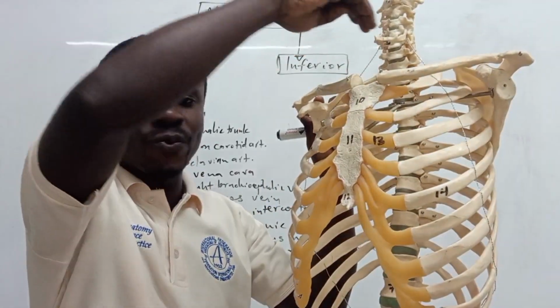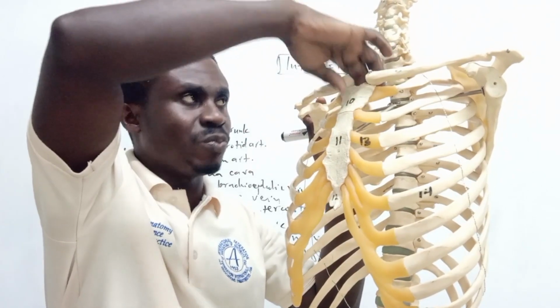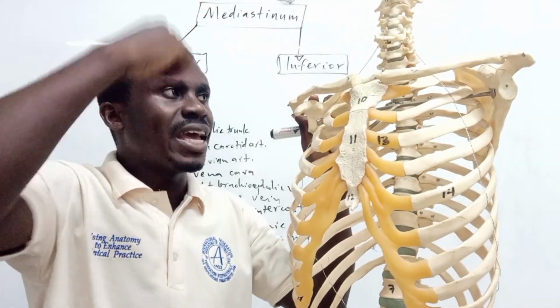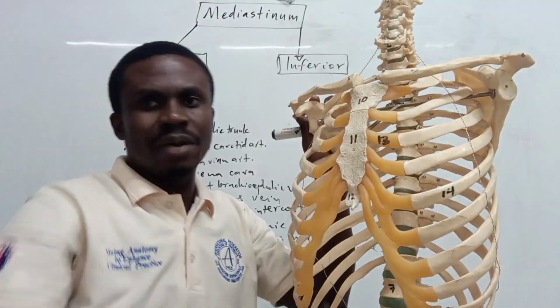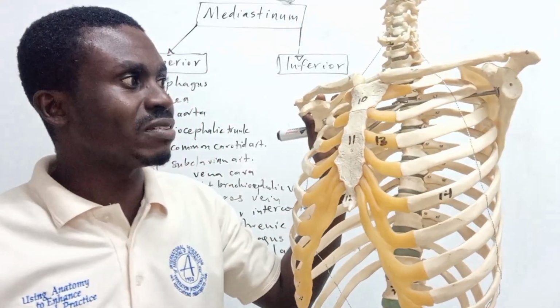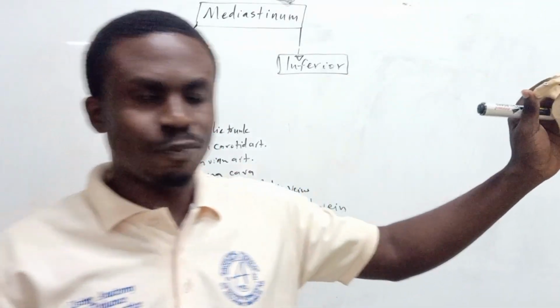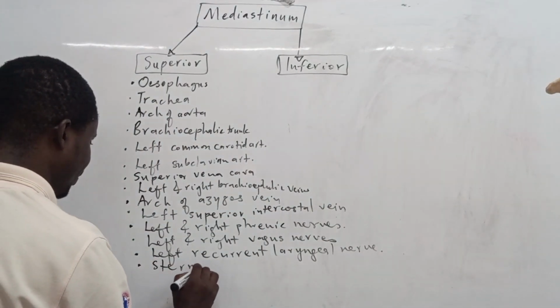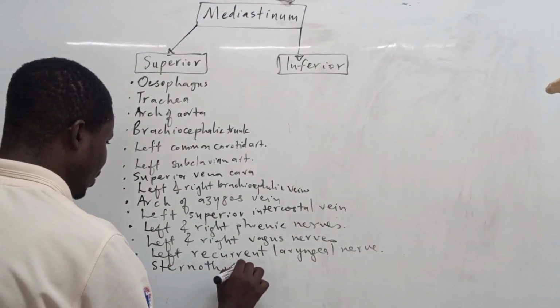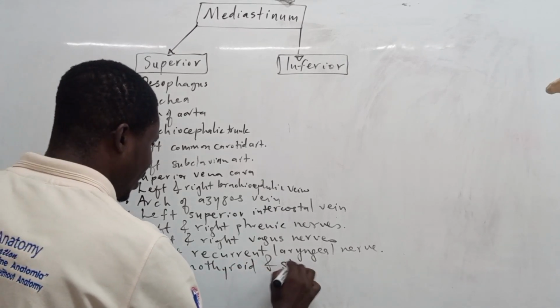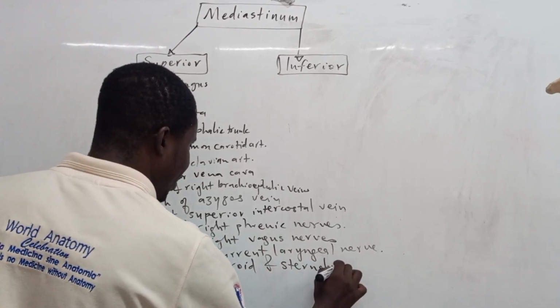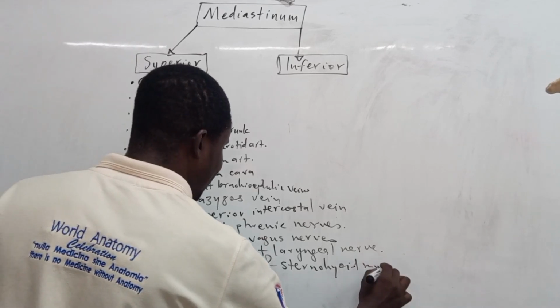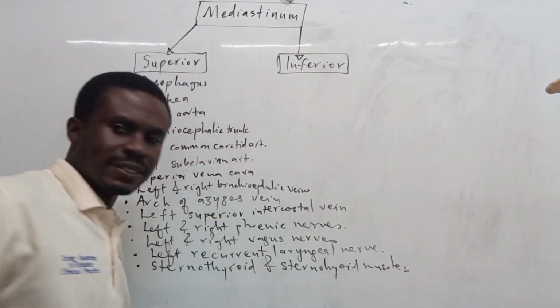So, from the manubrium sternum to the thyroid cartilage. And then also from the hyoid bone, we are talking about the sternohyoid. So I'm talking about sternothyroid and sternohyoid muscles. We are talking about these guys.